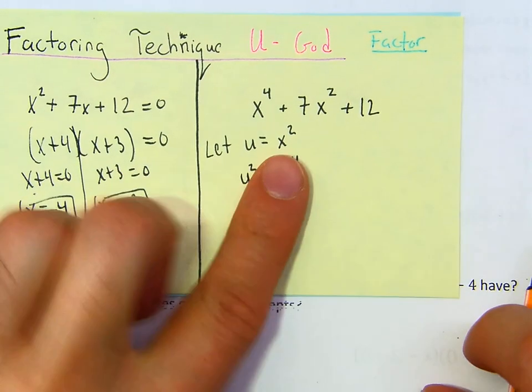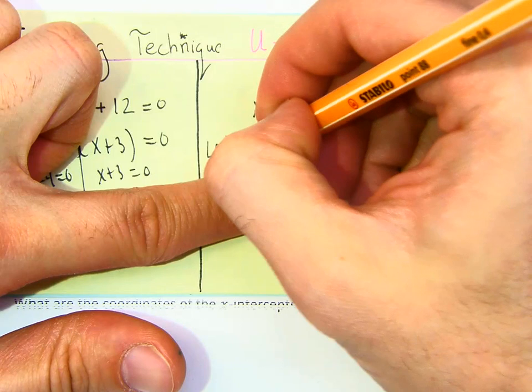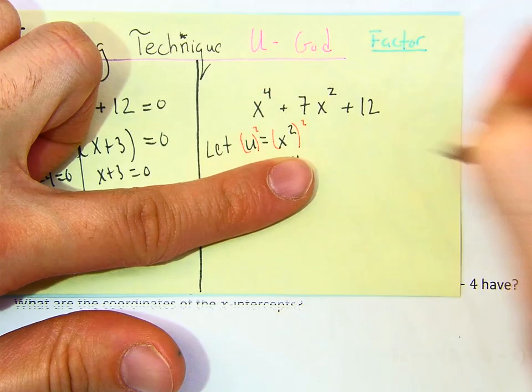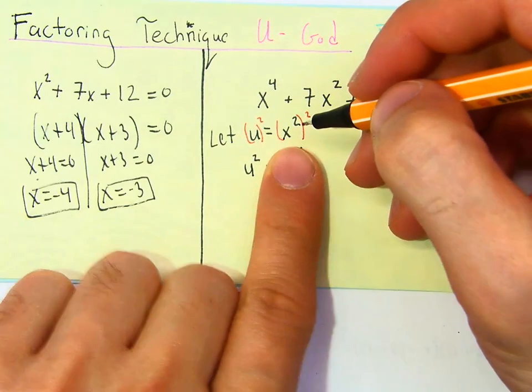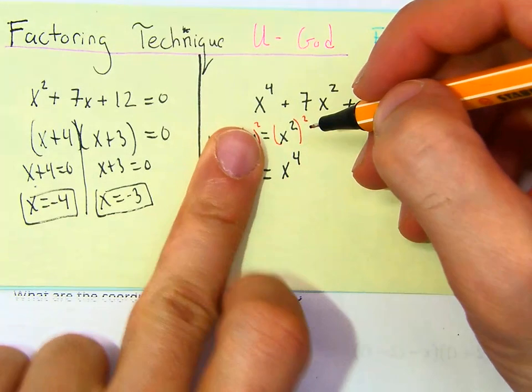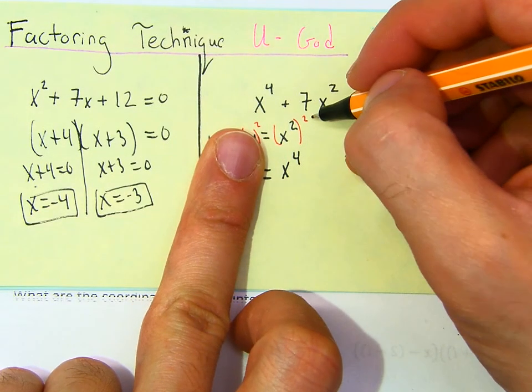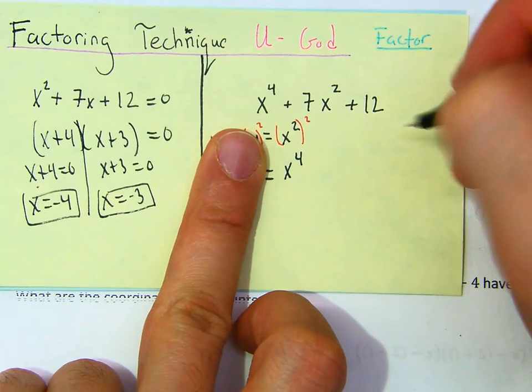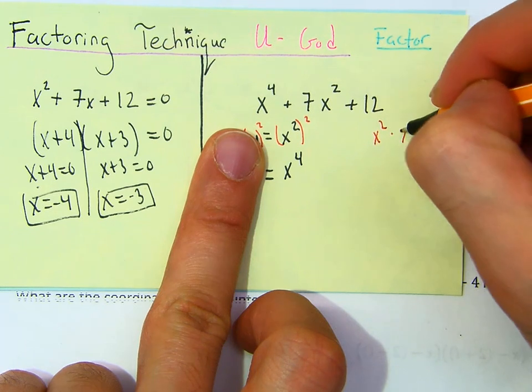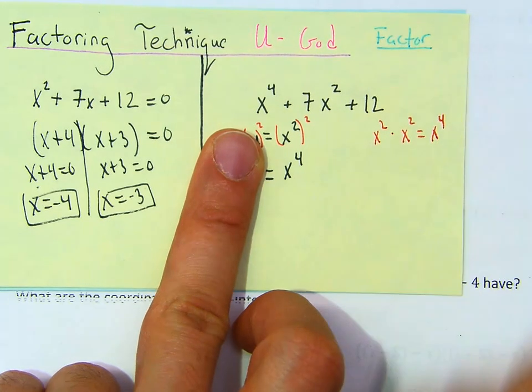Because if I have u equal to x squared and I square both sides, this becomes u squared. And x squared squared becomes x to the fourth, because you have x squared and you're having two of them, and that equals x to the fourth.